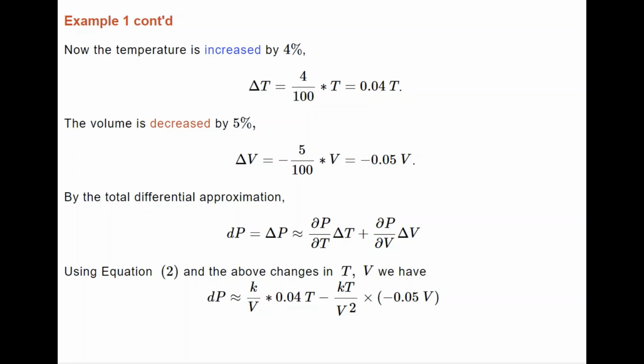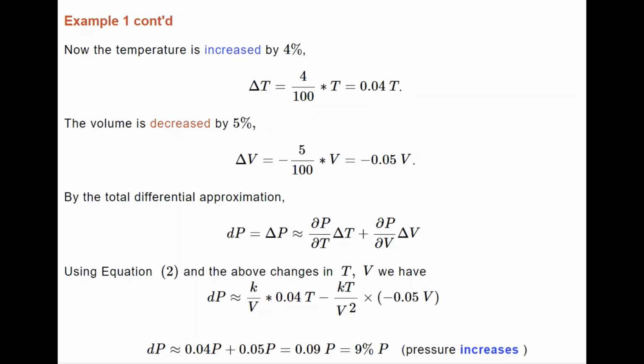So we replace KT over V as P in this equation to obtain dP nearly equal to 0.04 times P, and a plus sign because there are two negative signs above, so they would multiply to give a plus sign, 0.05 times P, which is 0.09 times P, and that shows that there's a 9% increase in the pressure.